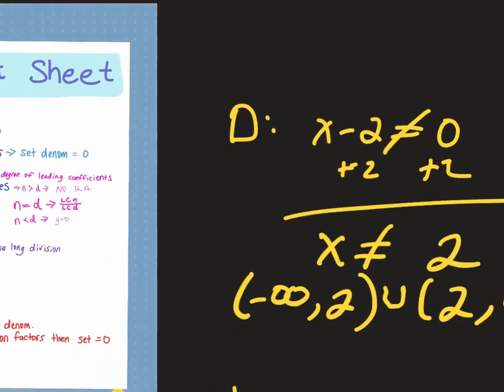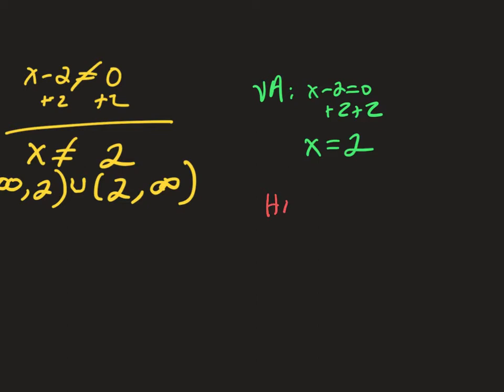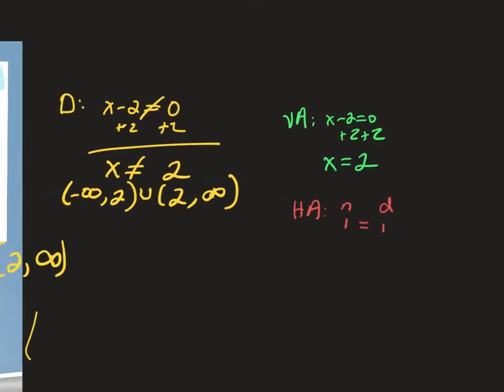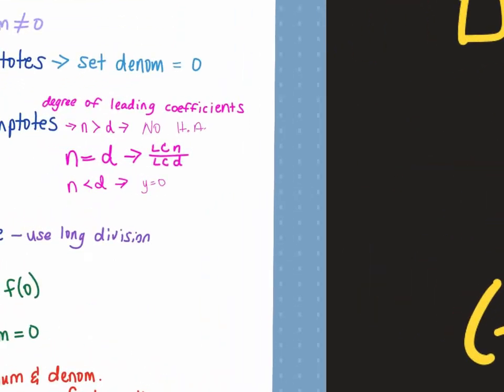So to find the horizontal asymptote, I would say the numerator degree is 1. The denominator degree is 1. Is 1 greater than, less than, or equal to? Equal to. So on my cheat sheet, if it is equal to, what does it tell me to do?